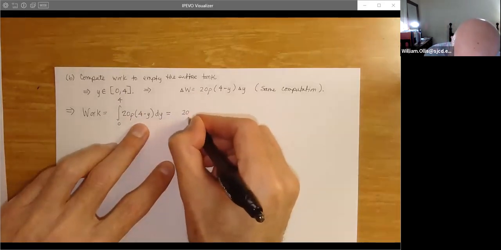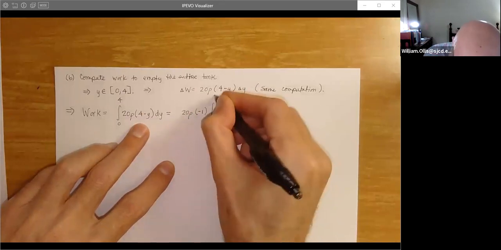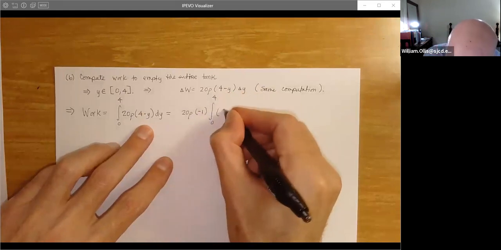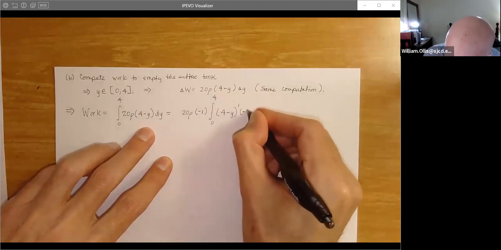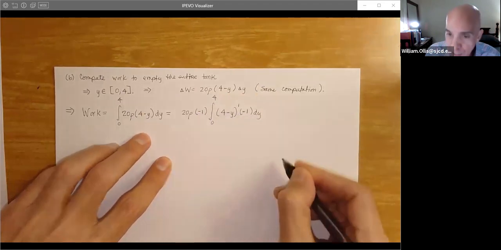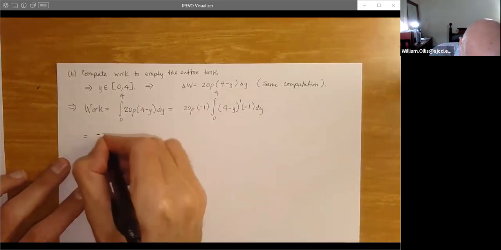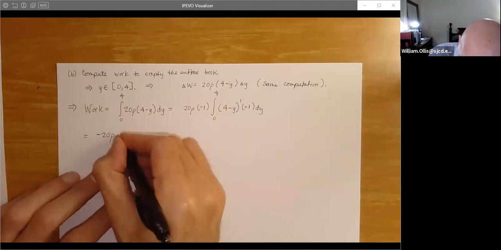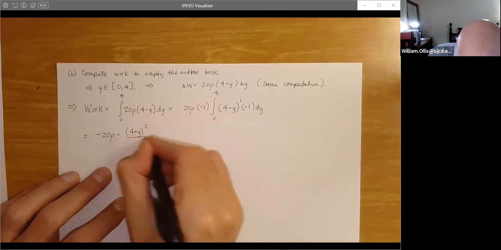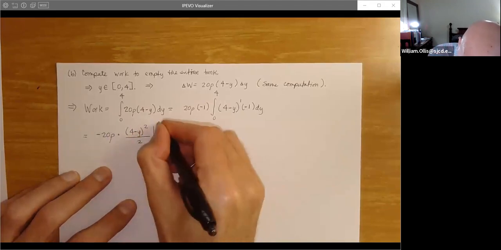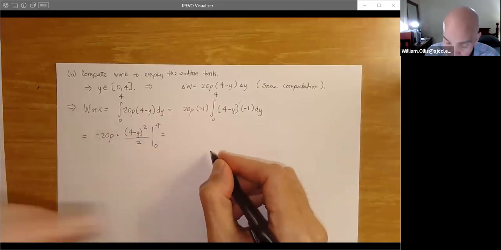We have 20 rho times negative 1, from 0 to 4, of (4 minus y) to the first power times negative 1 dy. And of course, this is table ready. So as we compute, we have negative 20 rho times (4 minus y) quantity squared, divided by 2, from 0 to 4. Well, at least with this problem, we get a lower limit of 0, so that's nice.